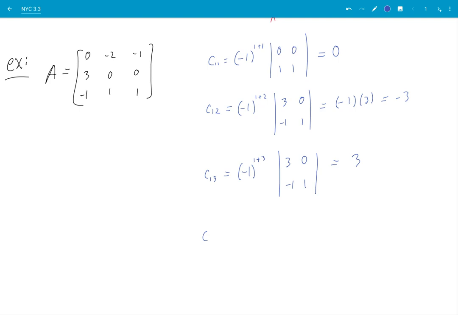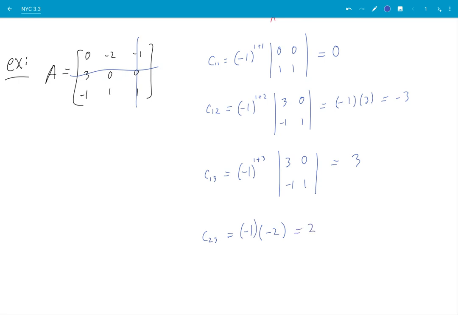For example, if I want to find C23, you can go second row, third column. The determinant is negative 2. And then 2 plus 3 is odd, right? So you have a negative 1.